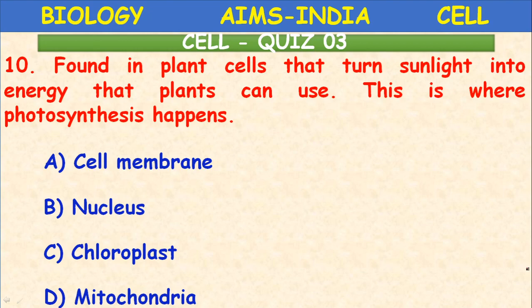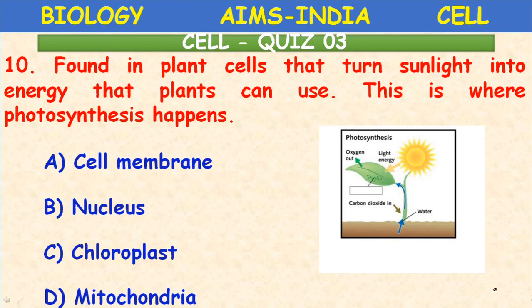In which part of the cell does it take place? This is called photosynthesis, where the light energy from the sun, carbon dioxide, and water, in the presence of chlorophyll, are used. So what is that structure which contains that chlorophyll?